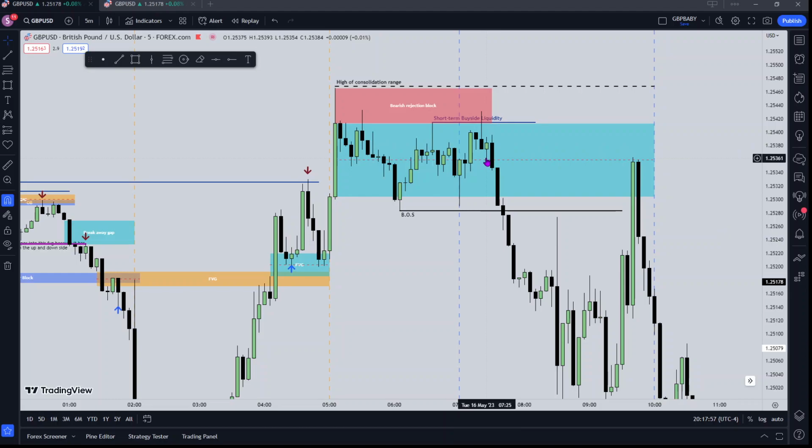I guess this is a mitigation block. Swing high, and the swing low in between would be this low. So I'm going to mark that as a mitigation block.